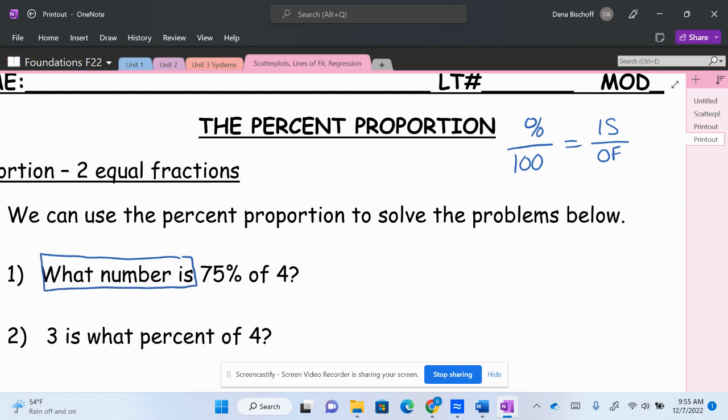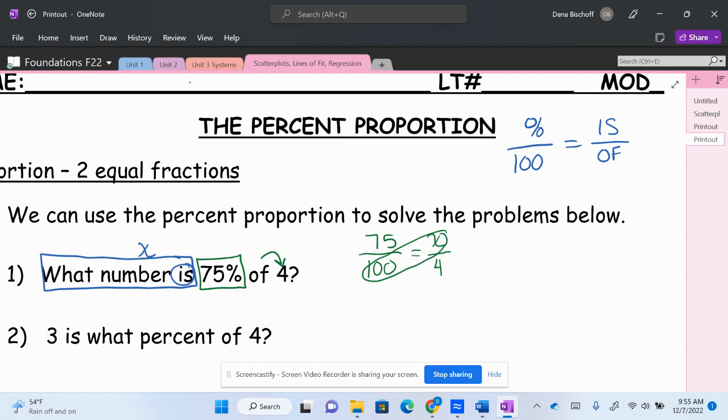So the question is about the is portion. So we're going to give that a variable. We're going to write the number 75% as a fraction, 75 over 100, and the of is 4. So 75 over 100 equals is, that's my variable, over 4.